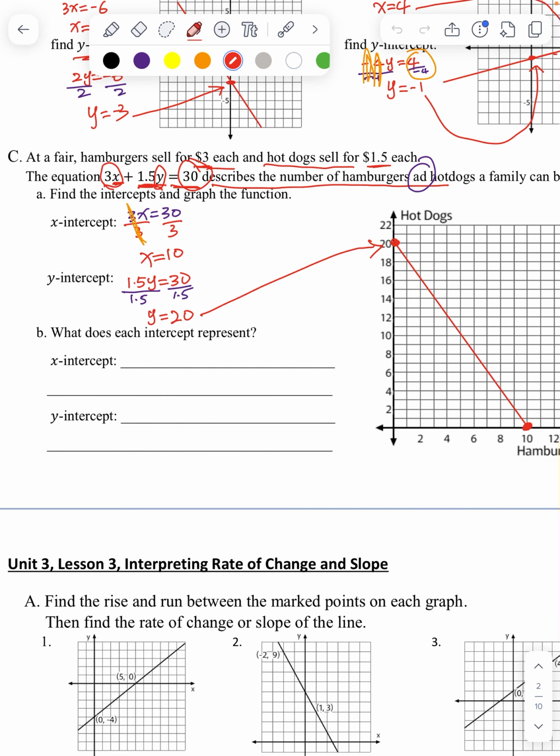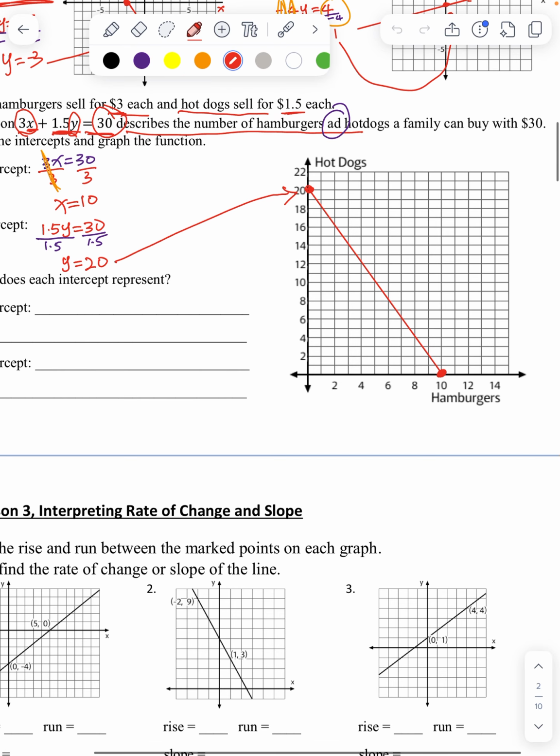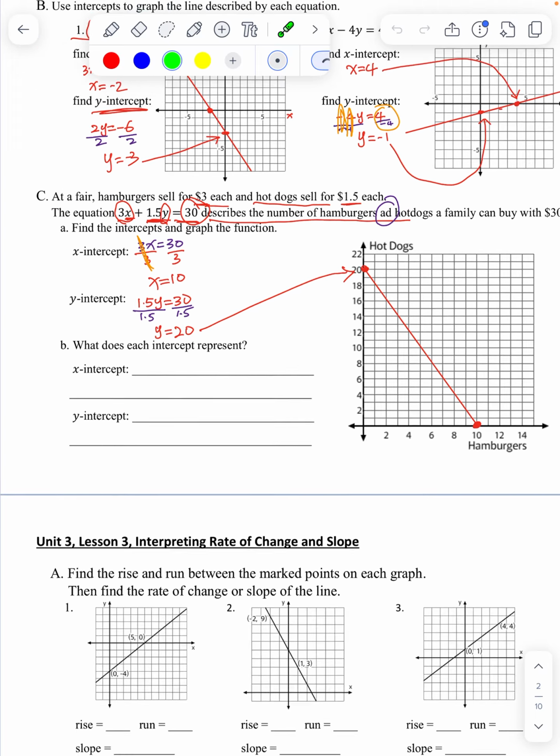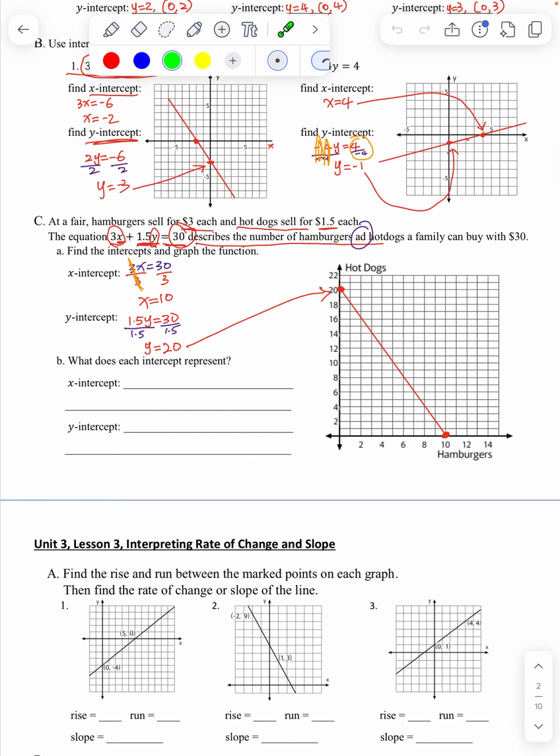So the x-intercept is right here. This point means the family bought 10 hamburgers but zero hot dogs, right? So this is 10 hamburgers, 0 hot dogs.